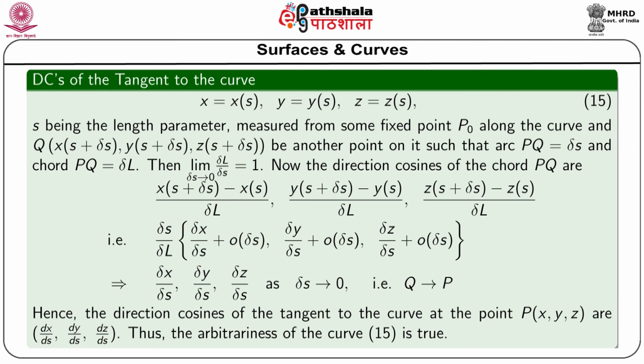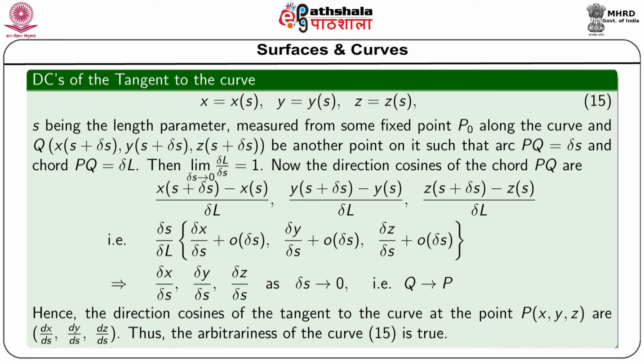If you take the limit as delta s tends to 0, these terms become 0 and this becomes 1 using this relation, and therefore, direction cosines converge to the values dx/ds, dy/ds, dz/ds. That means, if Q goes to P, dx/ds, dy/ds, dz/ds represent the direction cosines of the tangent to a given curve at P(x, y, z).